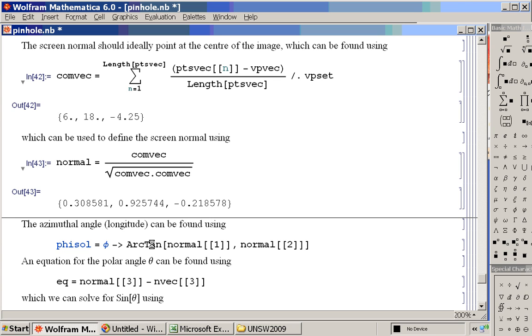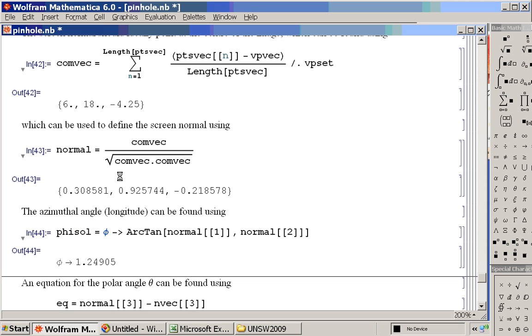camera axis vector. And now we take our formula or expression for that in terms of the polar and azimuthal angles, and we calculate the value of phi using the azimuthal angle as the arctangent of the first 2 elements of this.